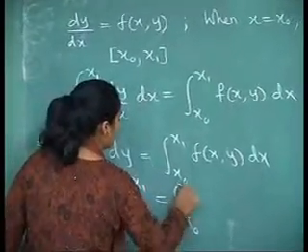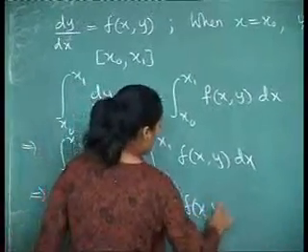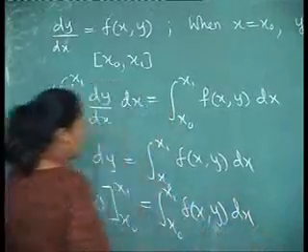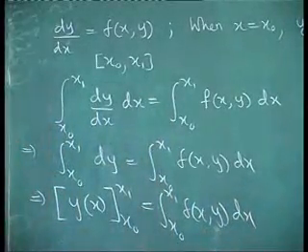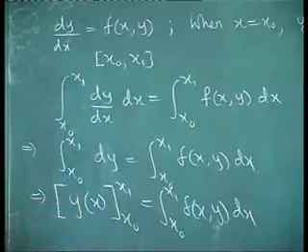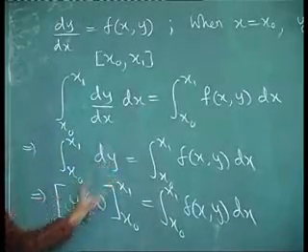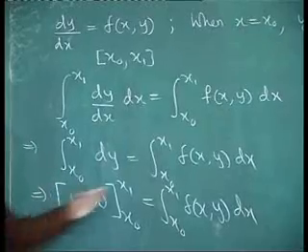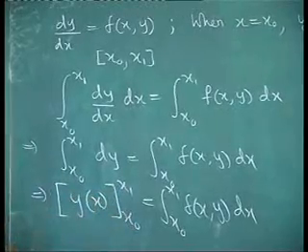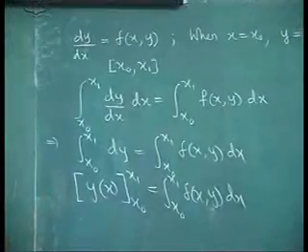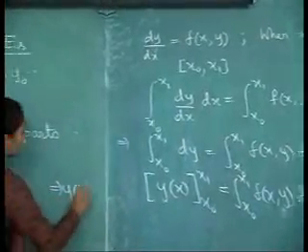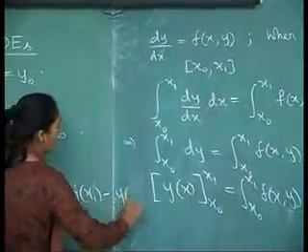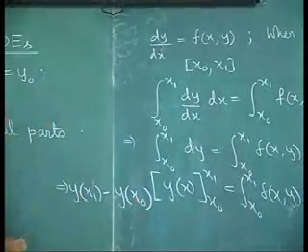Let me leave the right hand side as it is for the moment, because it will be a little difficult to simultaneously understand what's happening on both sides. Integral of 1 dy is y, but let's not forget that y is a function of x. Now let's put the upper limit minus the lower limit value. So we get y at x1 minus y at x0.